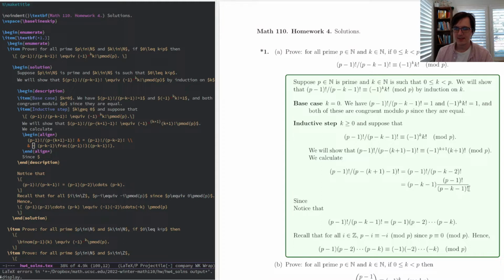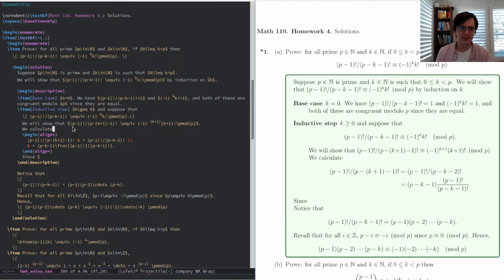Because it's p minus k over 2 factorial. If we cancel off the p minus k minus 1 from the beginning, then we get p minus k minus 2. Of course, there is an issue here. p minus k minus 2 might be negative. So we have to do cases to do this completely rigorously.